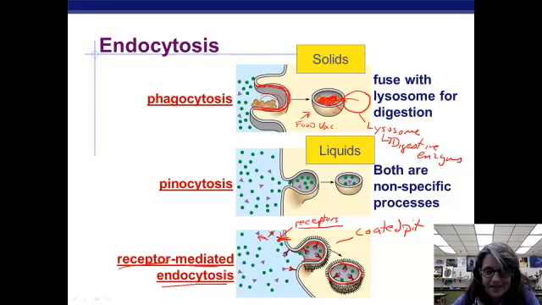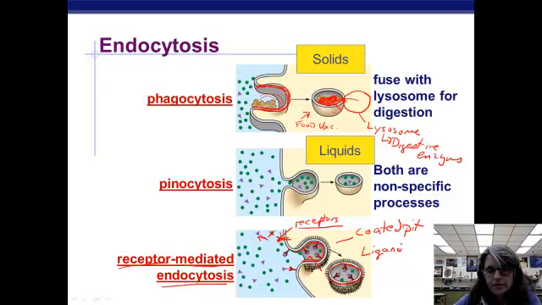Now, did it exclusively get just the specific material made for those receptors? No, it did pick up a few other things too, but generally speaking, it's going to grab more of what it is supposed to grab and take that into the cell. These materials that actually fit the receptors are referred to as ligands.